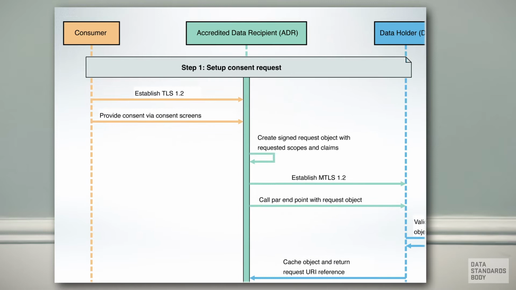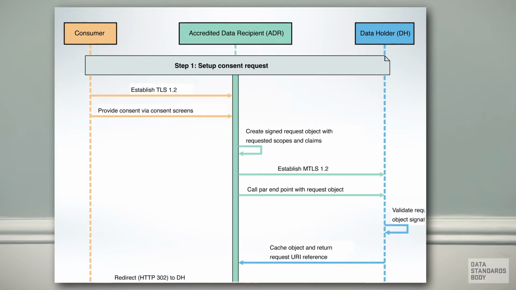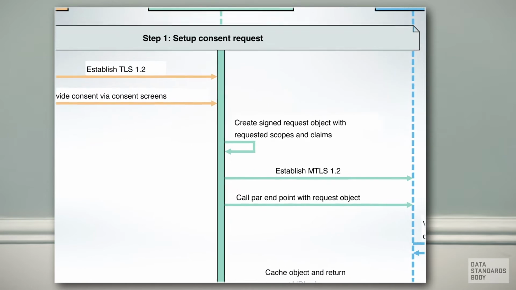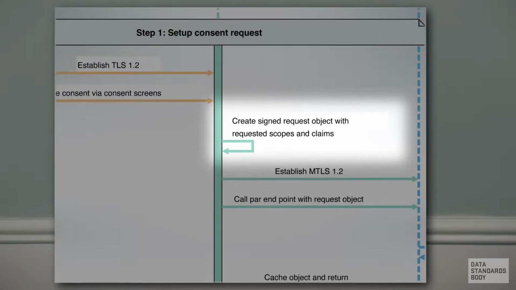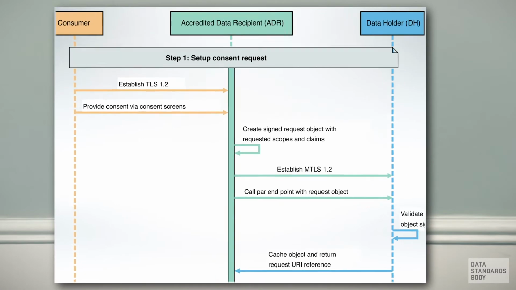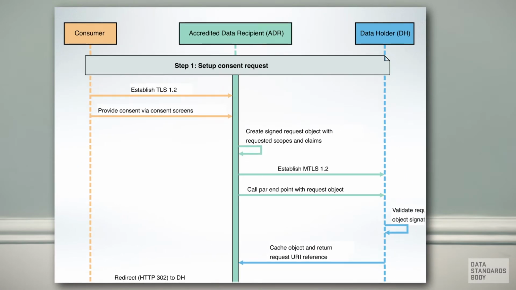So this is the process where the ADR is just presenting their stuff to the customer according to the CX guidelines, moderated for their use case, and they go through and they present those screens. Then the ADR, based on what the customer has consented to, will create a request object with the requested scopes and claims and duration, etc. If it's an amended consent, they will include the arrangement ID in the request object, for instance.